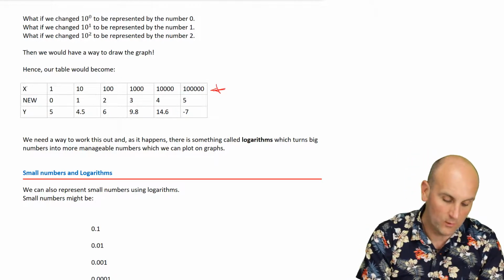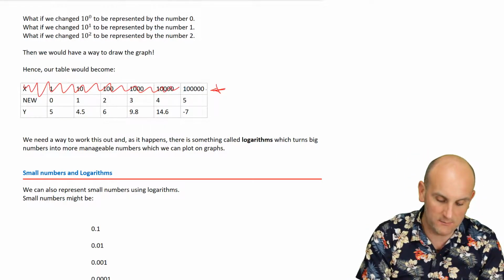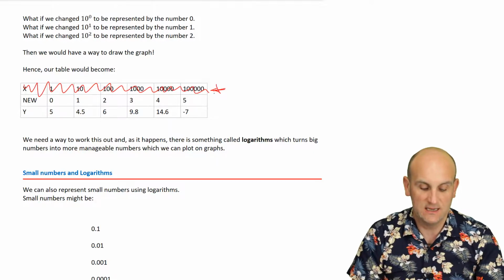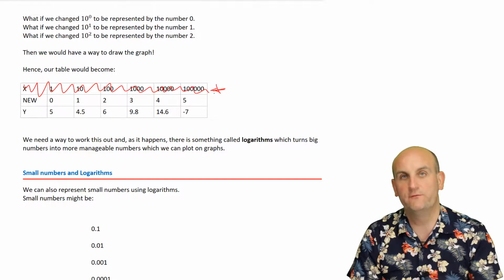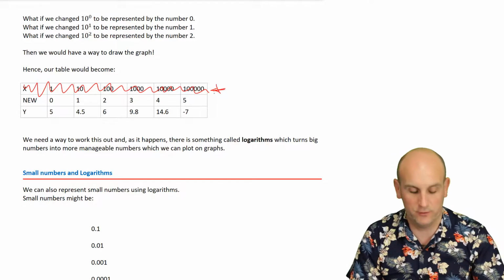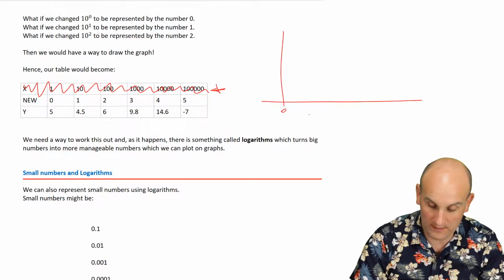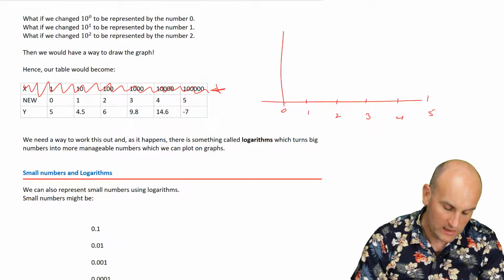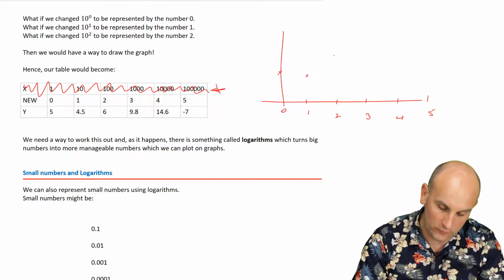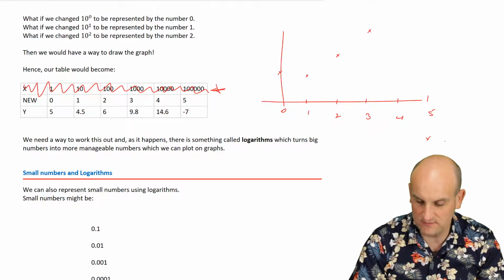And we're now saying, let's actually redefine my number system. Let's call it 0, 1, 2, 3, 4, and 5. We're actually going to make the powers the new number system. And if we were to draw that, once we label our graphs 1, 2, 3, 4, and 5, then the values of 0 would now be 5, 1 would be 4.5, 2 would be 6, 3 would be 9.8, 4 would be way up here, and 5 would be massively down here.